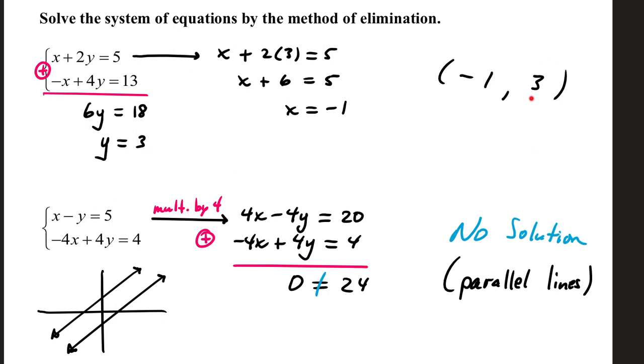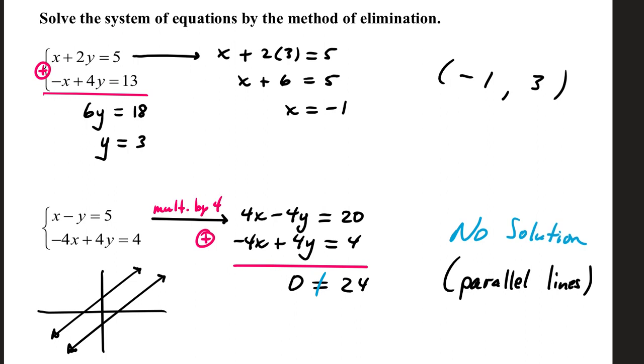Well, we already have half of our solution point if we know y equals 3. Then, because we've added the equations, you can go back to either equation. I picked the simpler looking one and I replace my y with 3. So x plus 2y equals 5.